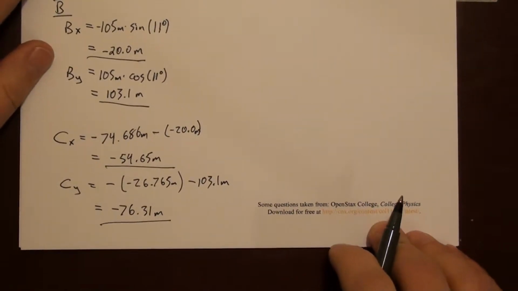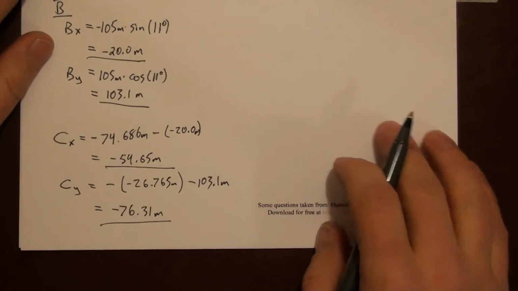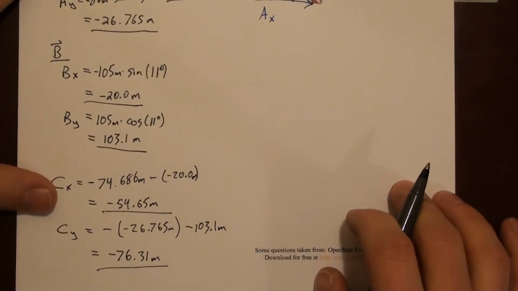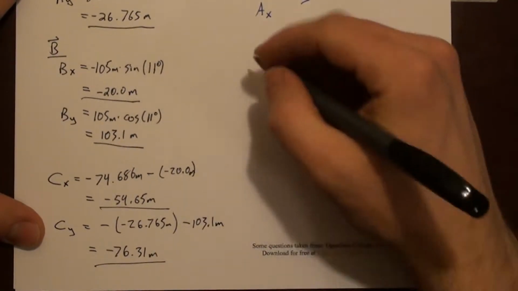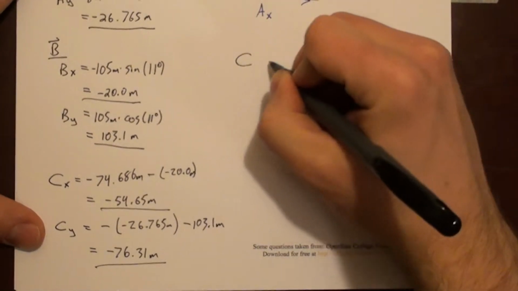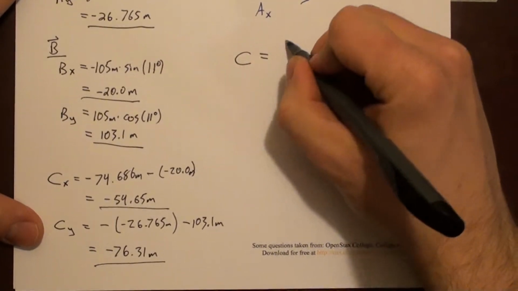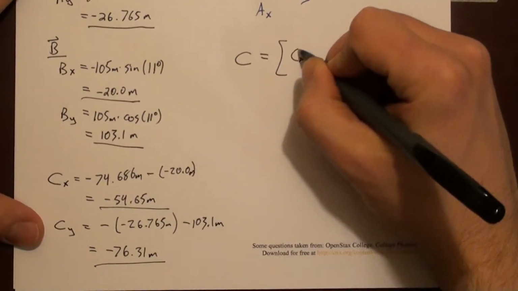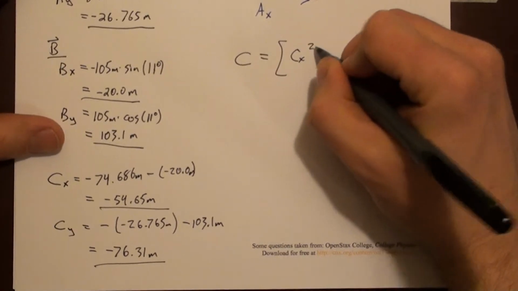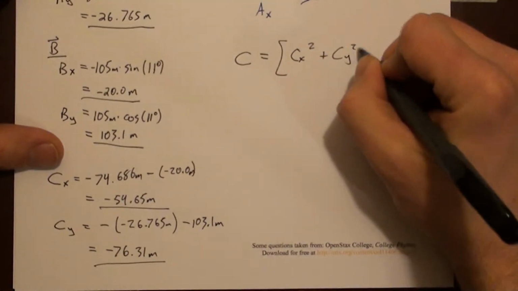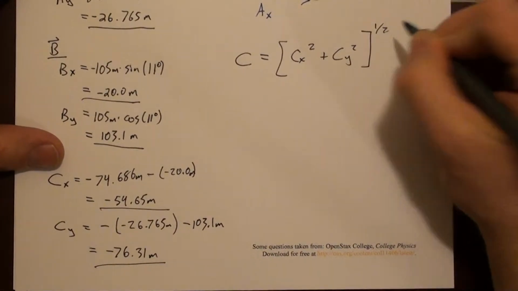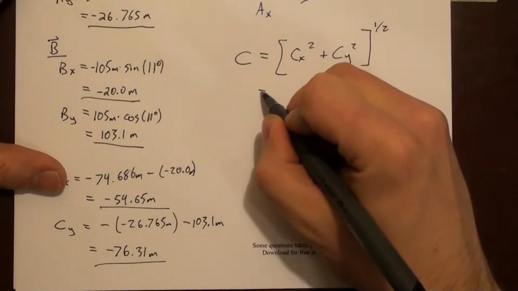So we're almost there. So now we need to put c sub x and c sub y together to get the total c. So if you remember, this is simply the square root of c sub x squared plus c sub y squared. Right, so I'll raise this to the 1/2 power because that's a square root.